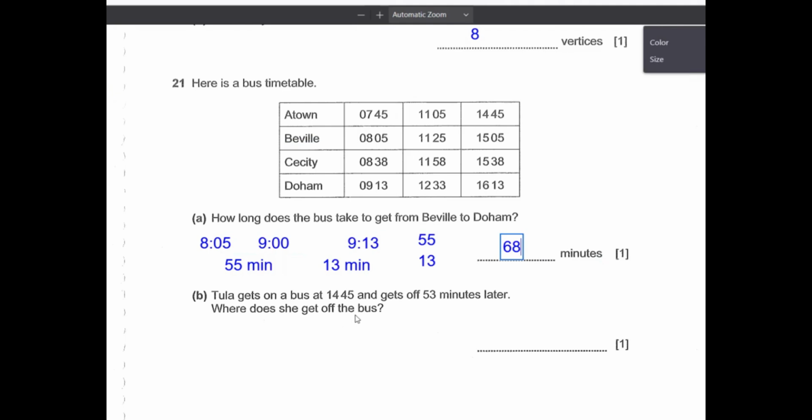Where did she get off the bus? 14:45 is over here. So 14:45 plus 53 minutes. How do we add it?